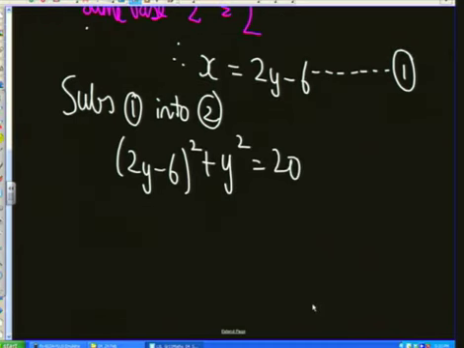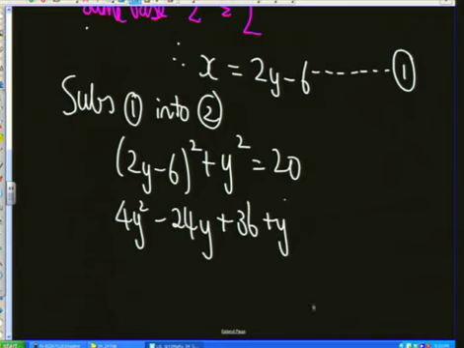And now we're going to keep pressing with our algebra. Grade 11s, this is a binomial squared. Remember to square the first. Outers and inners, what are they? Negative 24y. And square the last, plus 36, plus y squared equals 20.